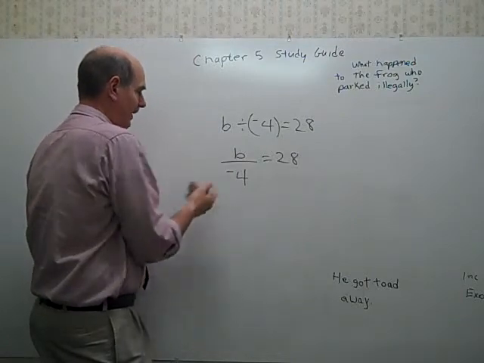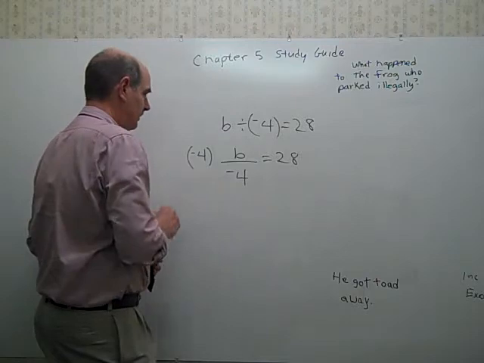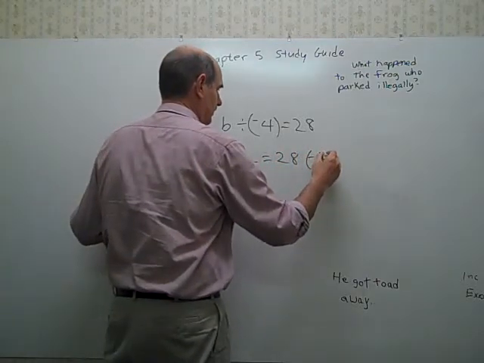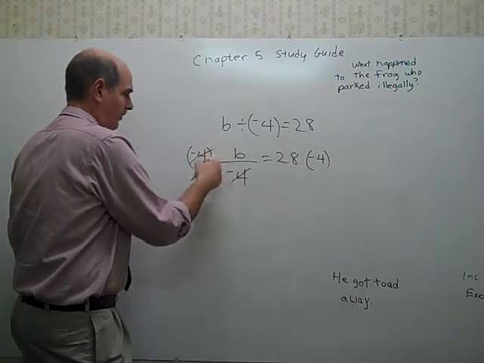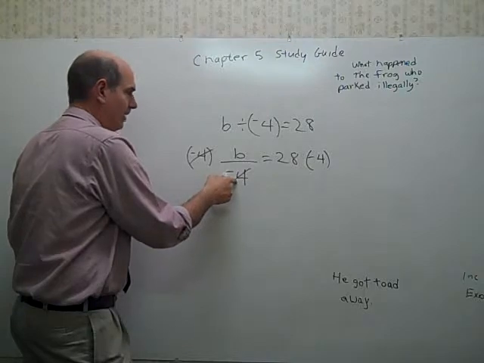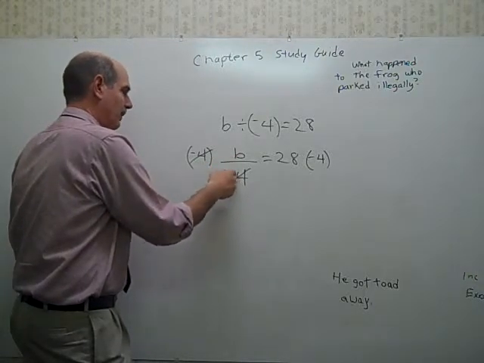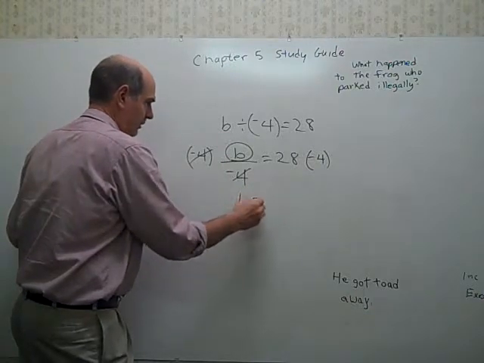So what's the opposite of dividing by -4? Multiply by -4. So we cancel here. If you take b and divide by -4, take that result and multiply by -4, you come right back to b.